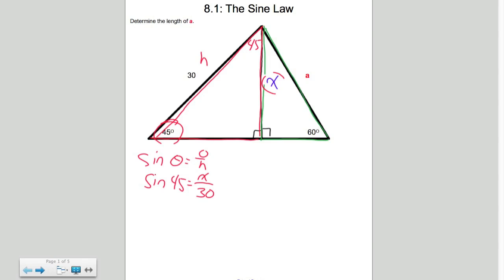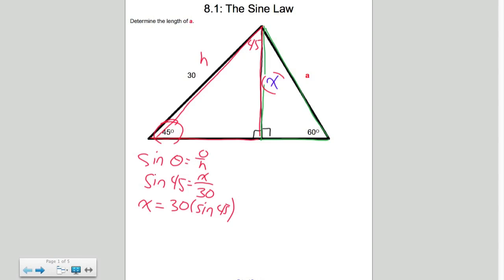Can I solve for x? Yes. So 30 times the sine of 45. We could get an answer, but let's resist for now. We just know that that's what x is.